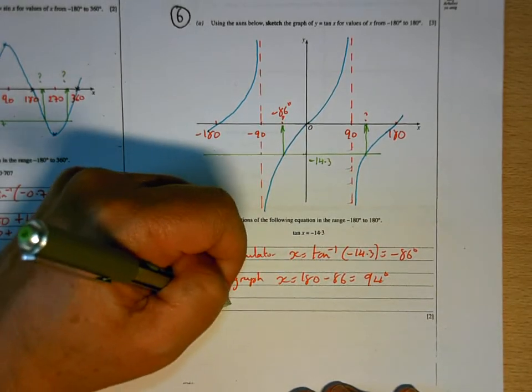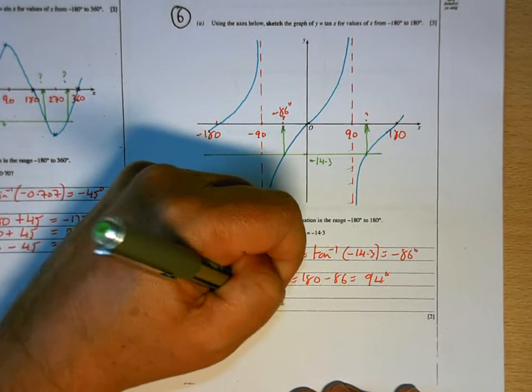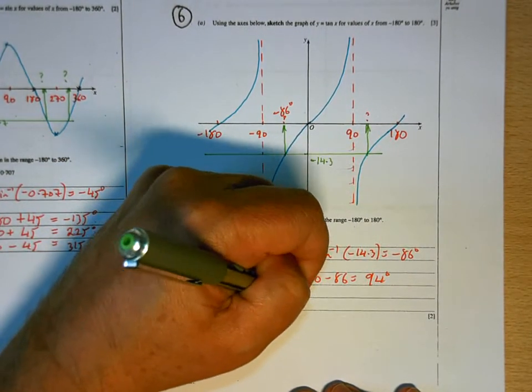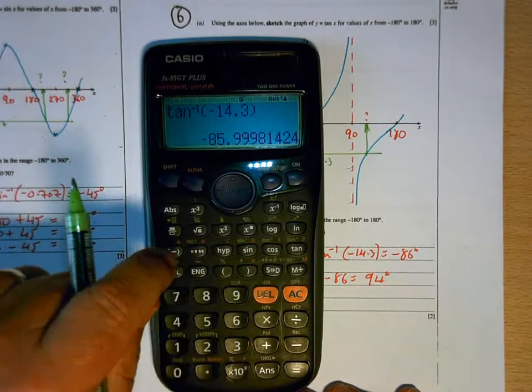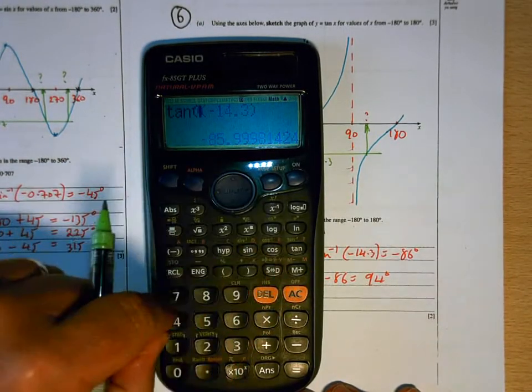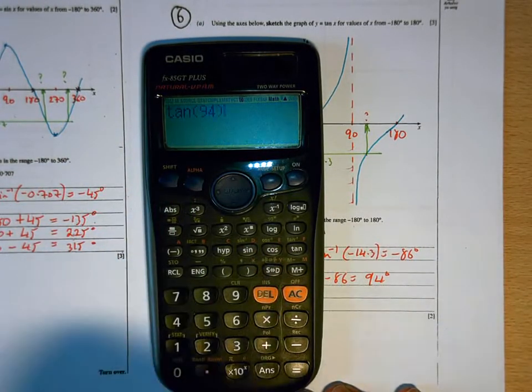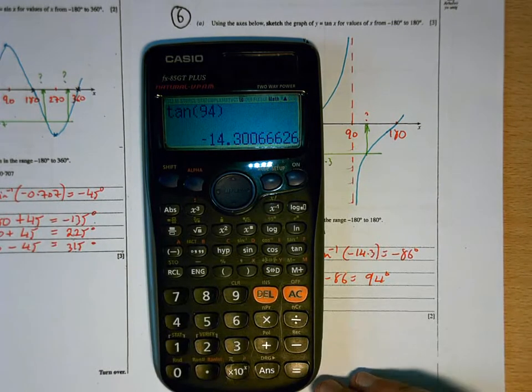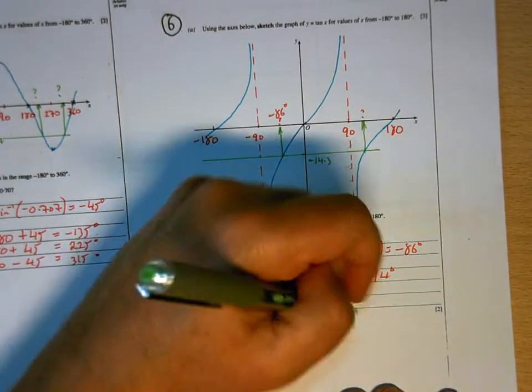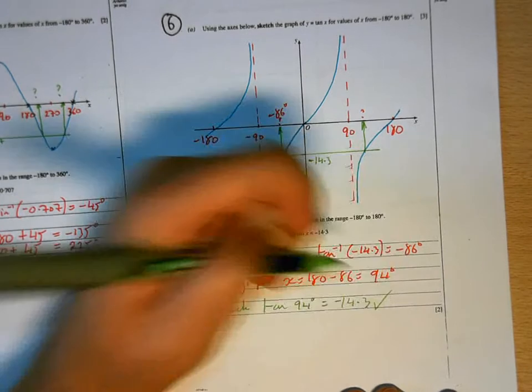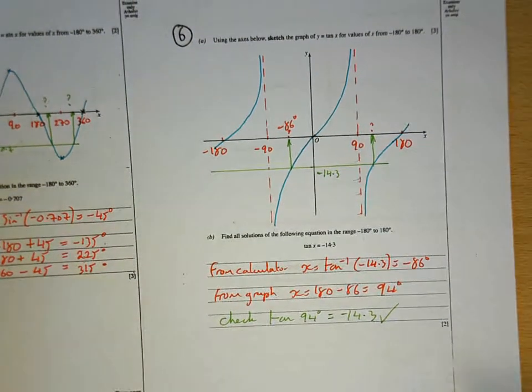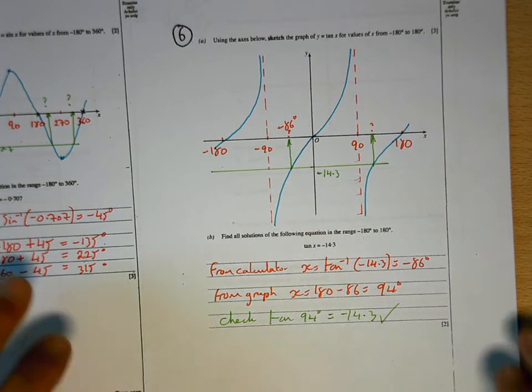We haven't done a tan before, so let's just check that. So tan of 94 degrees is minus 14.3, which is what we want. So although that's what I'm less familiar with, because we haven't done that many of them, I know I've got it right because I've checked it.